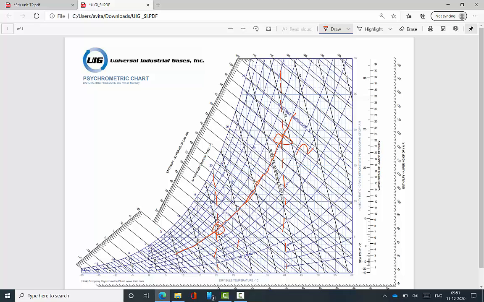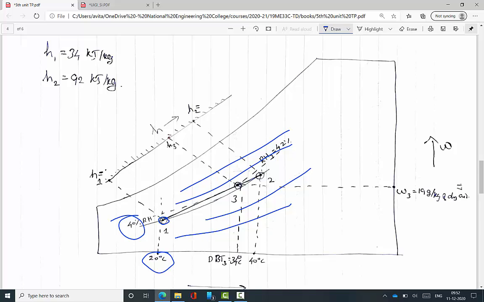First case is 20 degrees Celsius and 40% relative humidity, second case is 40 degrees Celsius and 40% relative humidity. Through a straight line, connect these two points. The lower line is a curved line, but the top line is a straight line, like this. The lower line is a relative humidity line, but I join with a straight line, which is an adiabatic line.